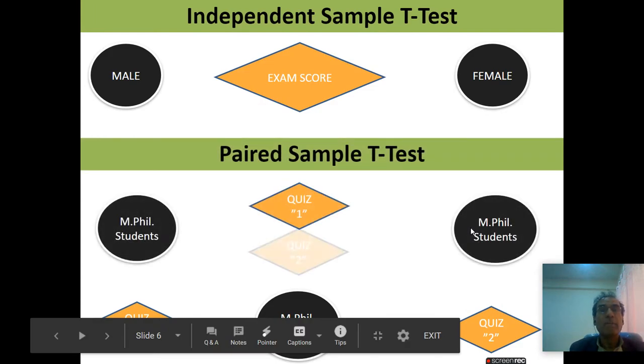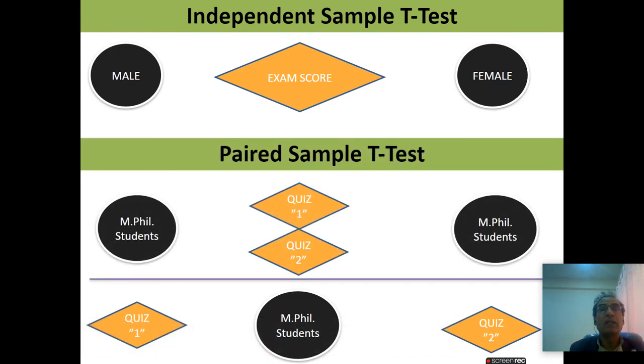So here is the independent t-test. For example, in independent t-test, we compare males and females. We take the example from our university. If we compare the results of male MPhil students and female MPhil students, then we apply the independent t-test.